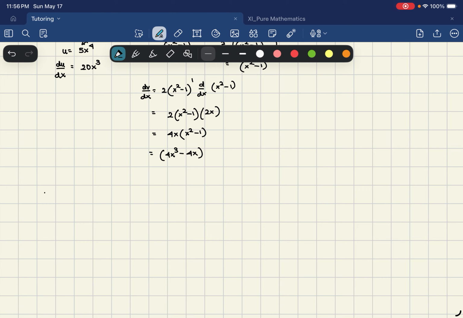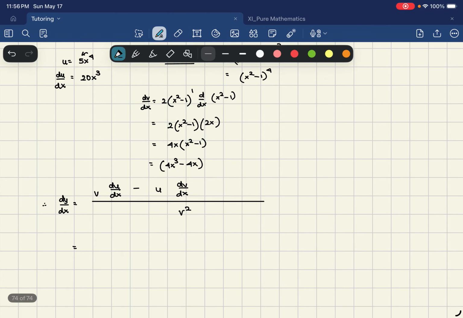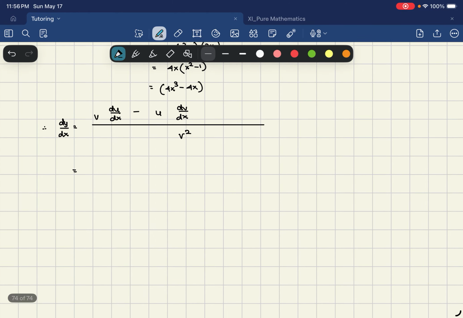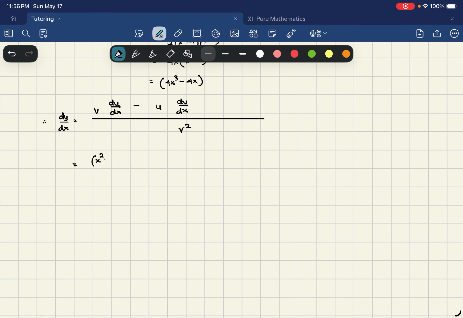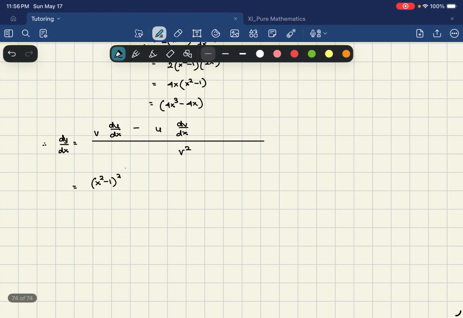And finally, your solution, dy by dx, is going to be (v du by dx minus u dv by dx) divided by v squared, right? So v is (x squared minus 1) squared. So (x squared minus 1) squared. Du by dx is 20x cubed.